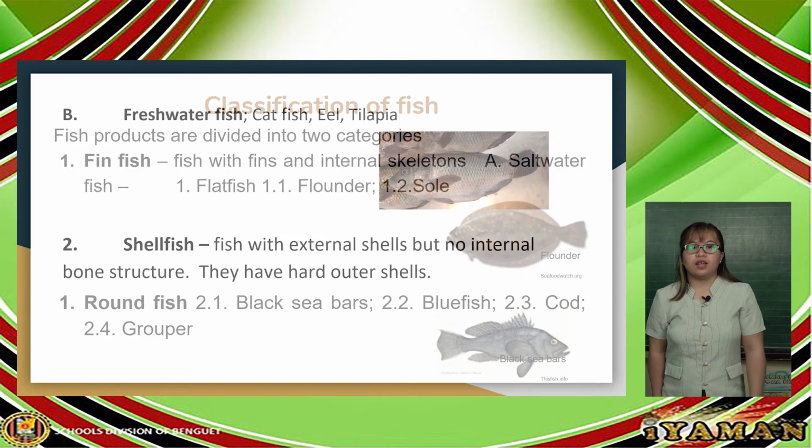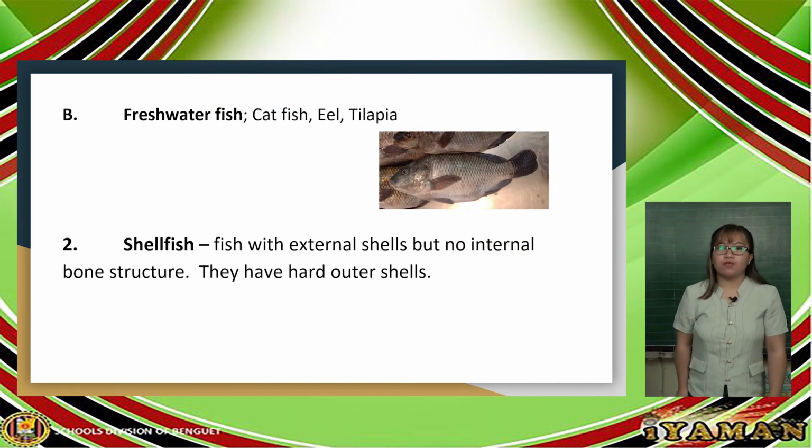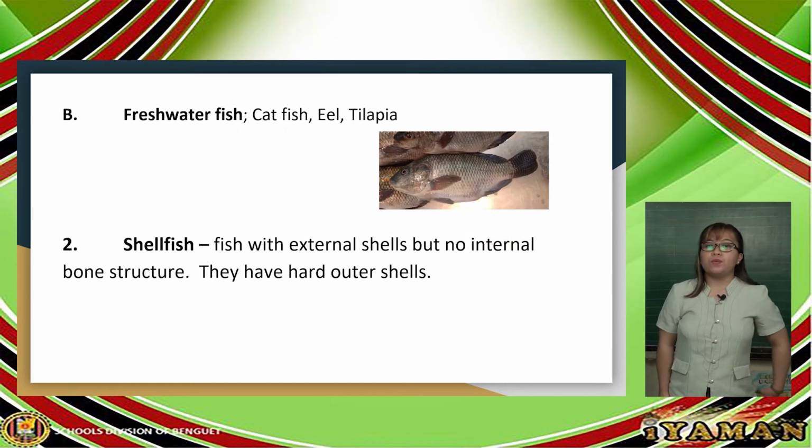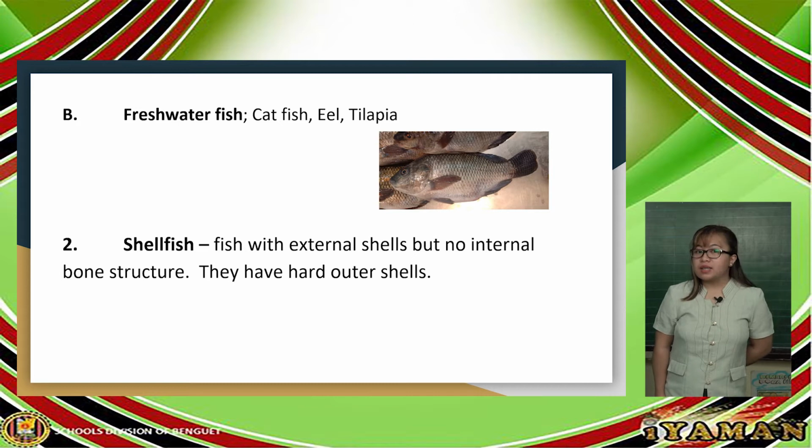Another is the freshwater fish. What do you think are examples of freshwater fish, particularly in our locality? Okay, we have here a tilapia, correct. Catfish and eel are also examples.